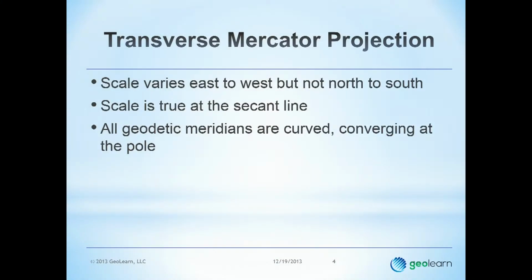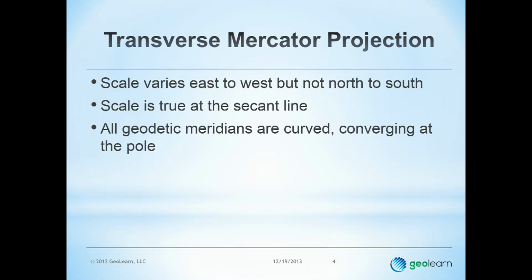So with transverse Mercator projections, the scale basically varies from east to west, but stays relatively constant going from north to south. And the scale is true at the secant line, that is where the cylinder punches through the earth at each end, at each edge of the zone, about two-thirds of the way, two-thirds of the middle of the zone.